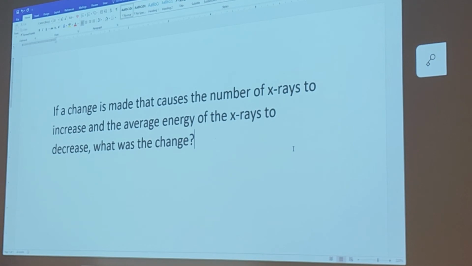If we decrease filtration, what happens to the average energy? If we decrease filtration, we get rid of fewer low energy X-rays. Earlier we talked about trying to get rid of the useless stuff, so in this case it's flipped. It should be a decrease.